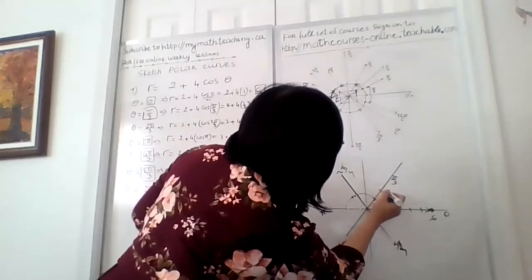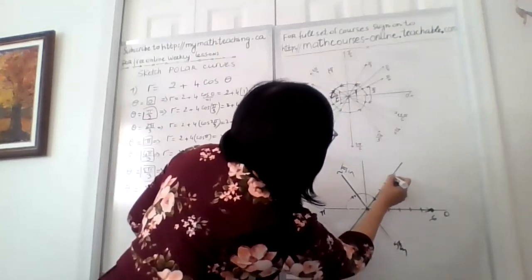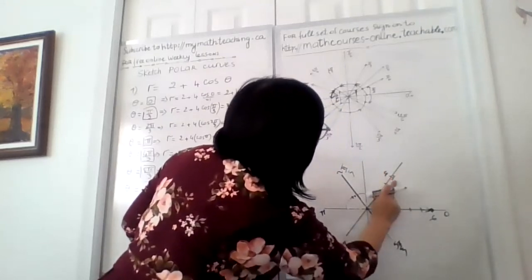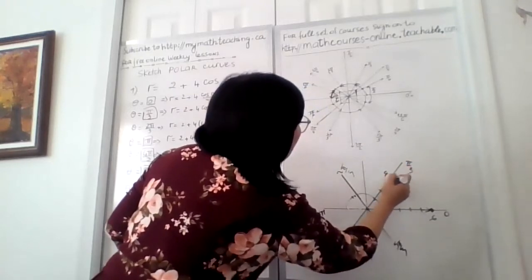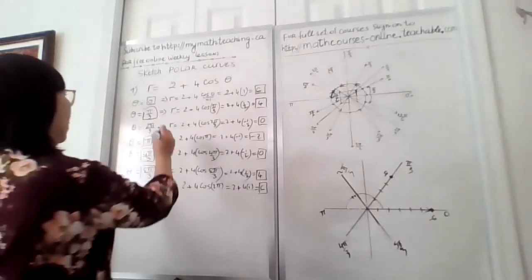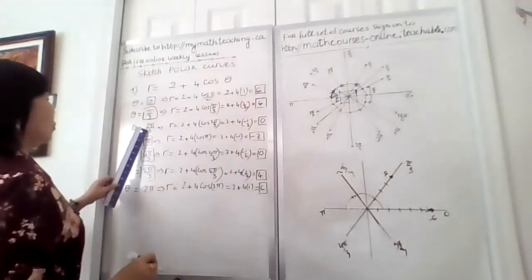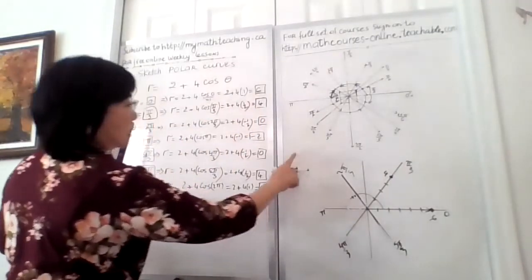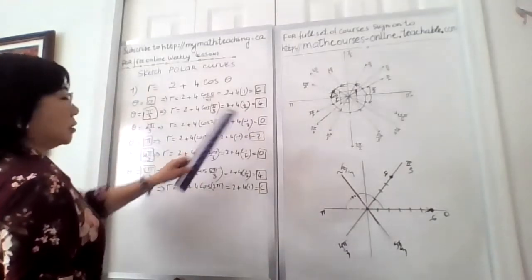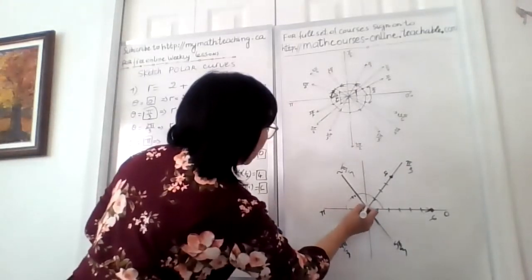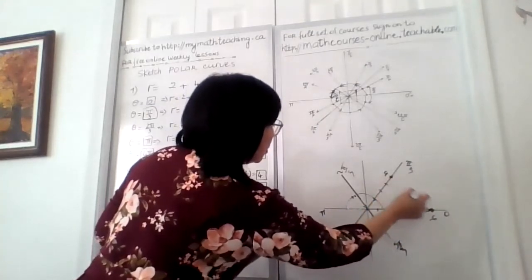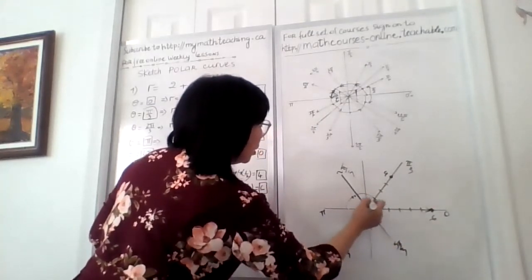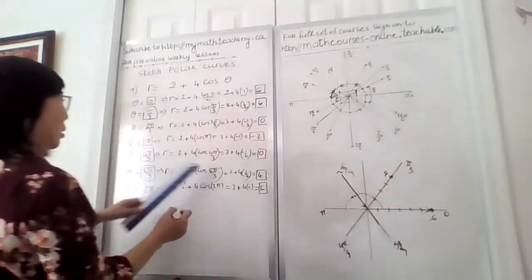So this is 1, 2, 3, 4. So here is 4. And at pi over 3, we plot the point 4, right? At 2 pi over 3, which is this radius, r is 0. So we don't need to worry about that. It goes back to 0. So this is the direction. So the arrow goes to 0 here.